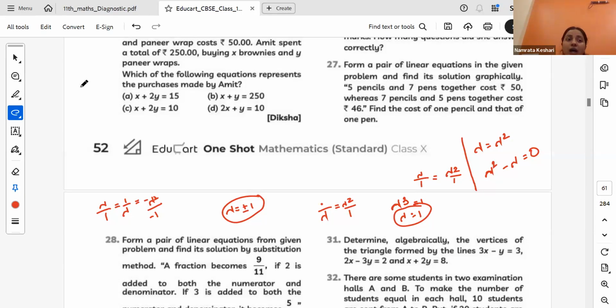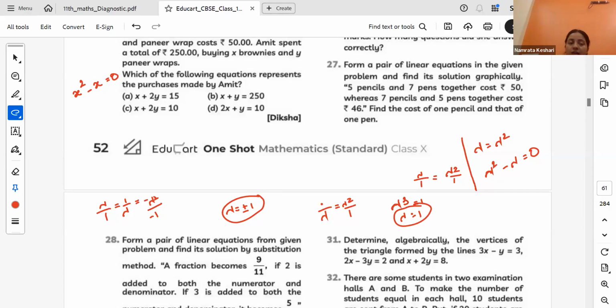If you have x square minus x is equal to 0, is it quadratic? Yes, ma'am. It is quadratic, because the highest power of the variable has to be 2. Even though your constant term is present or not present, it is completely fine.